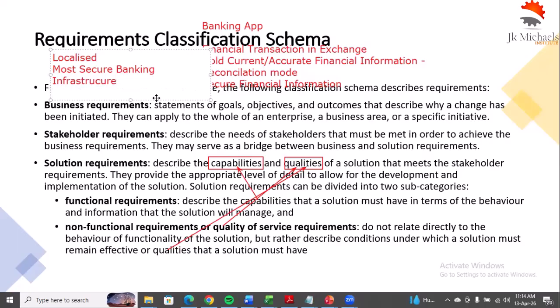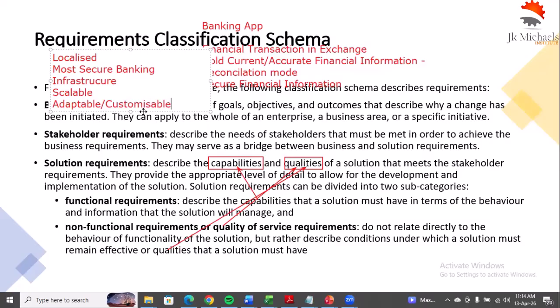You also probably want something that is scalable, scalable banking infrastructure. You also want something that is adaptable, right? You want a banking infrastructure that is customizable. Your banking app should be customizable.